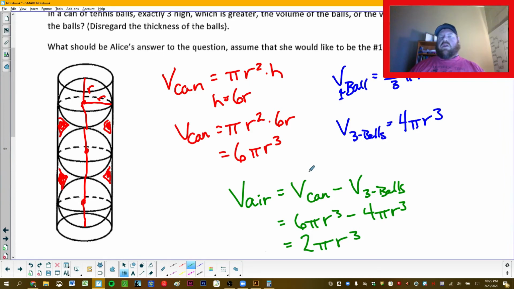So which one's bigger, the volume of the tennis balls or the volume of the air? The tennis balls win it. So it's interesting.